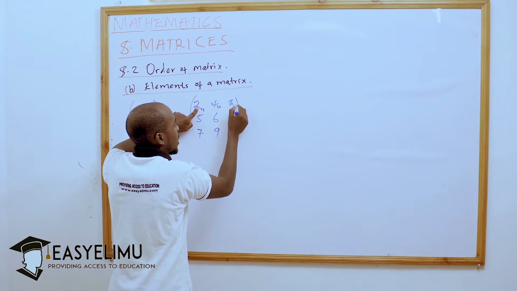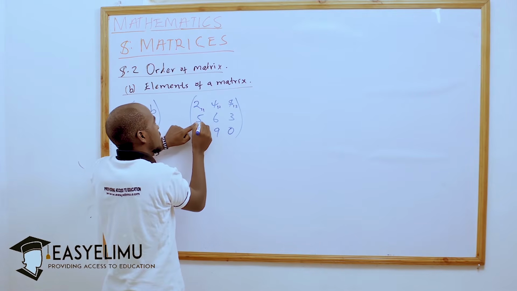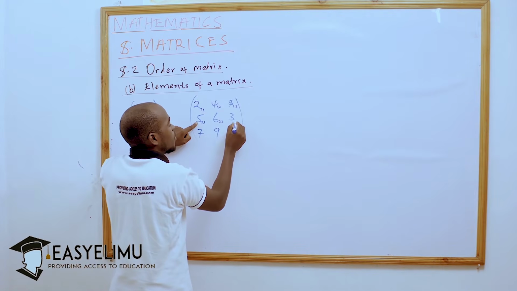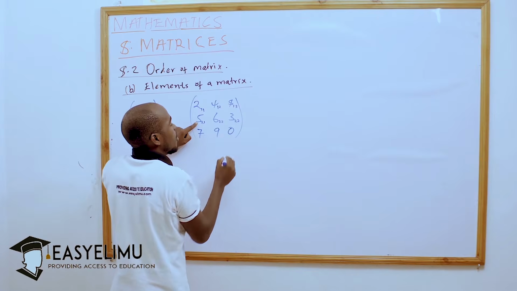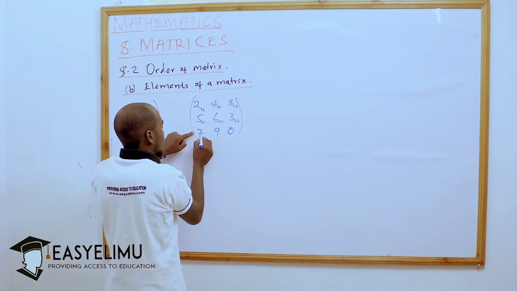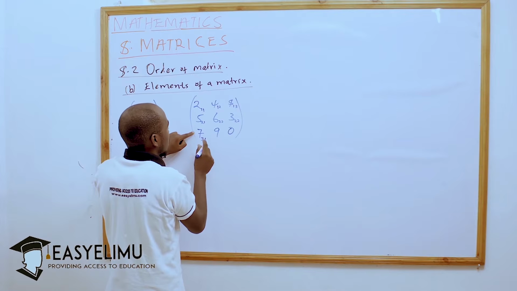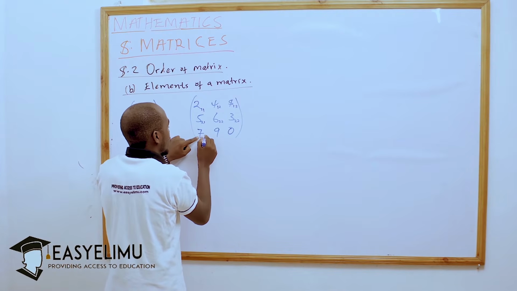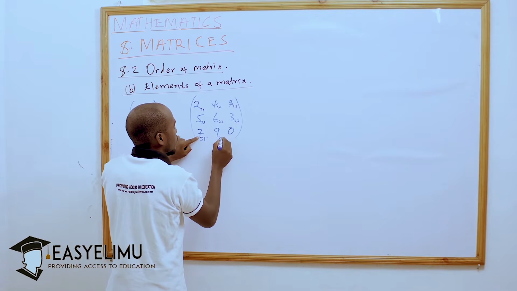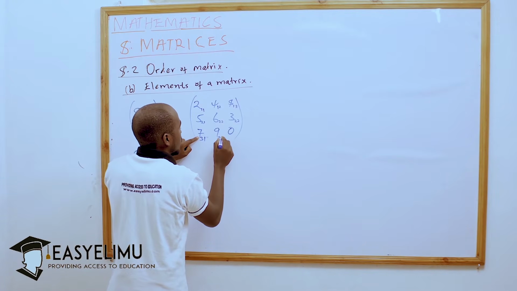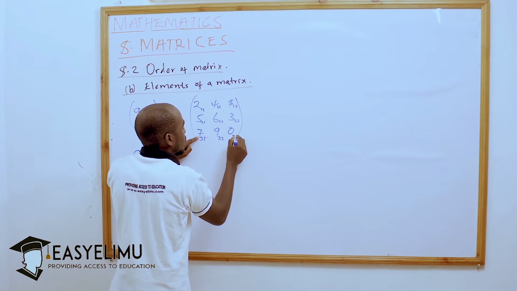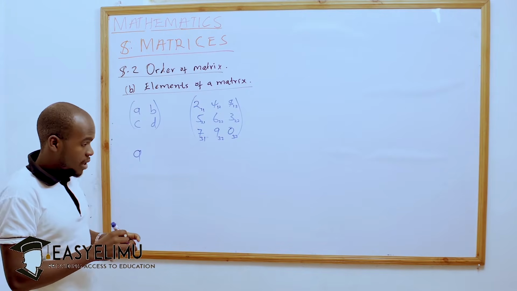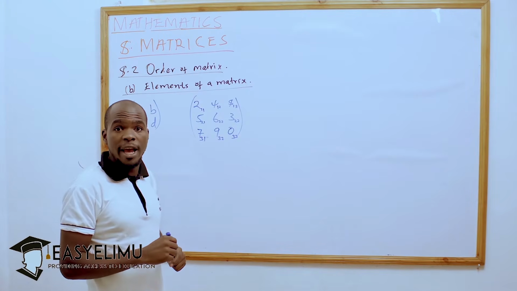This one, first row, third column. The same applies to this one. Second row, first column. Second row, second column. Second row, third column. And then third row, first column, third row, second column, third row, third column. So that is how we assign the position of a given element in a matrix.